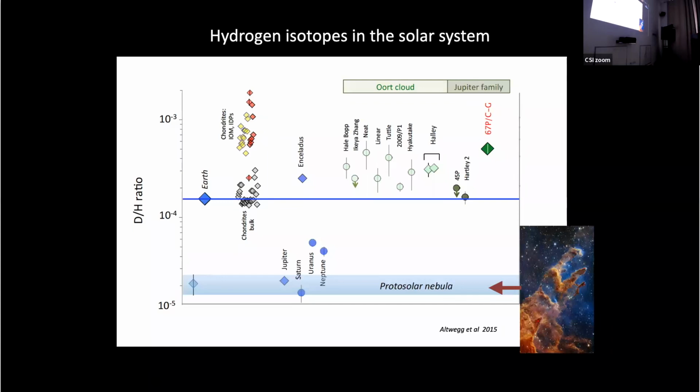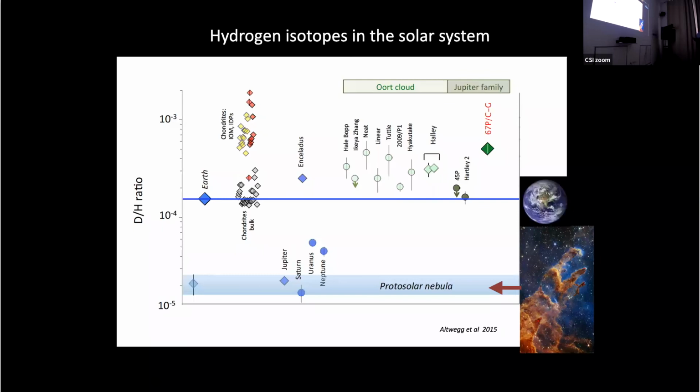The protosolar nebula, which is best characterized by the atmosphere of the giant planets, which are made of the nebular gas, and also from the analysis of the sun itself and the isotope ratio of deuterium, helium and hydrogen. Anyway, so the protosolar nebula was here, and poor in deuterium.